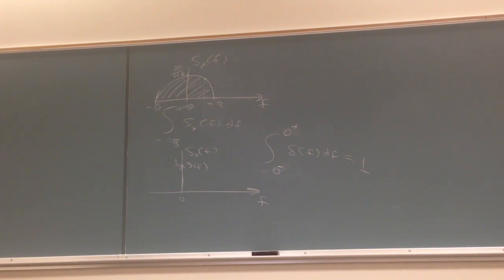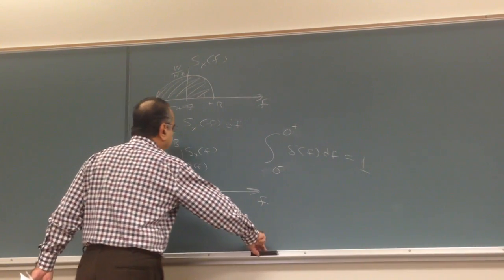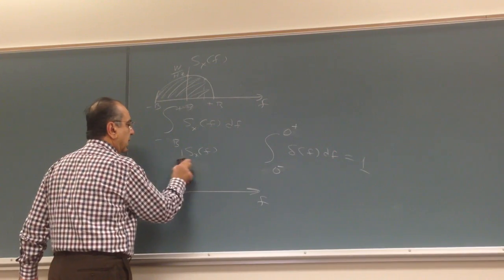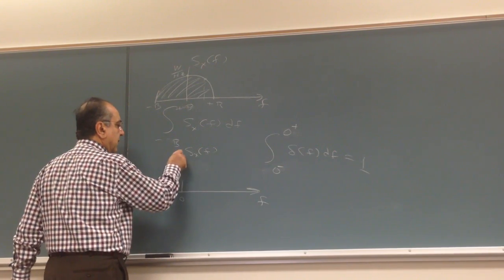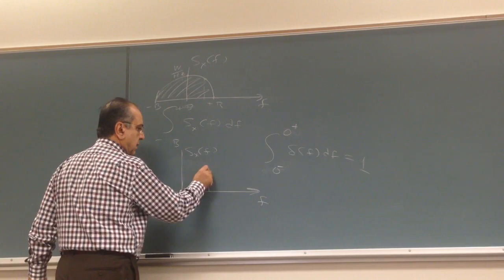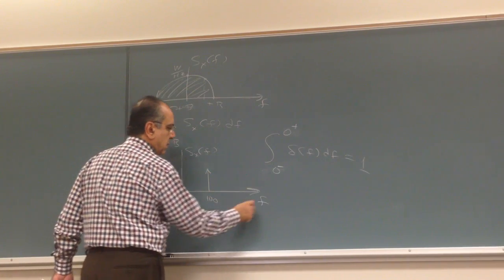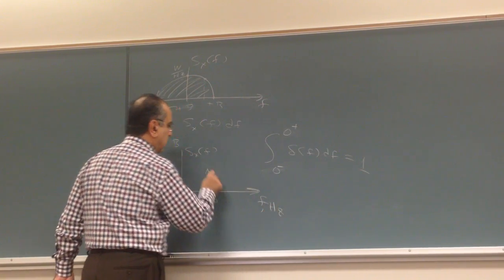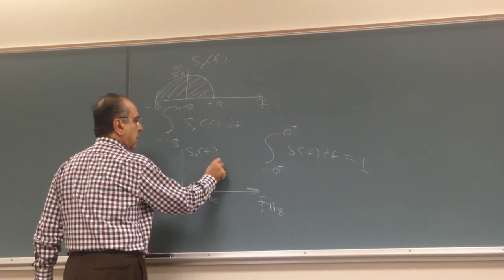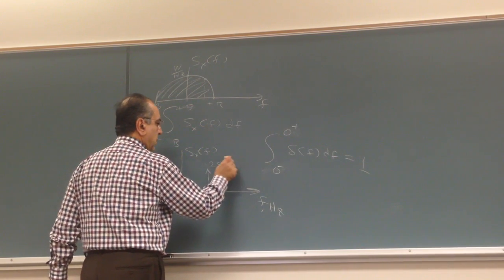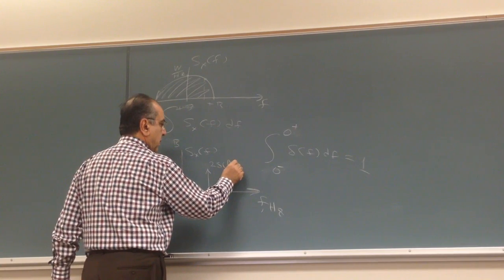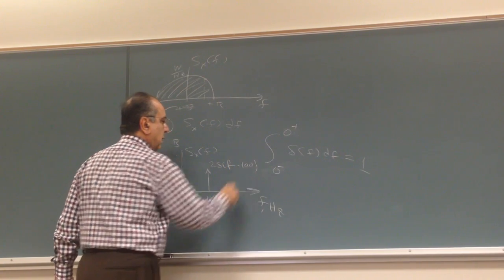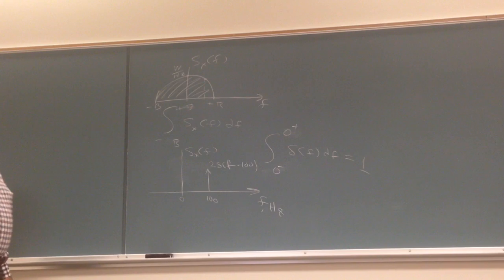Now, if I have a power spectral density which looks like this, what does it tell me?